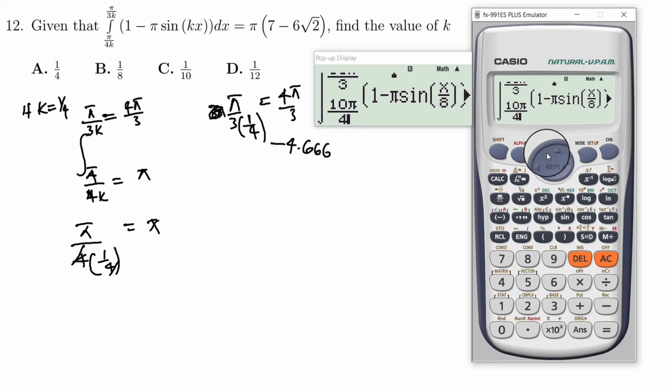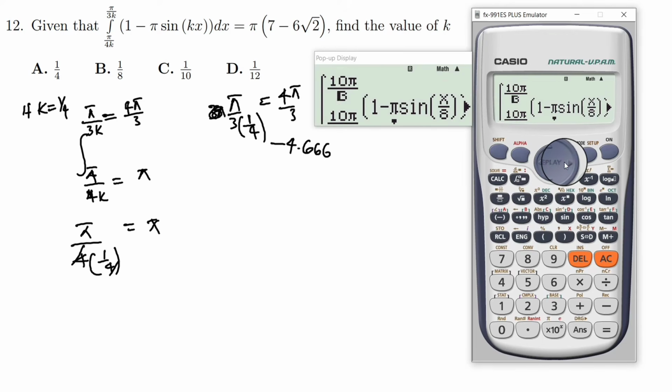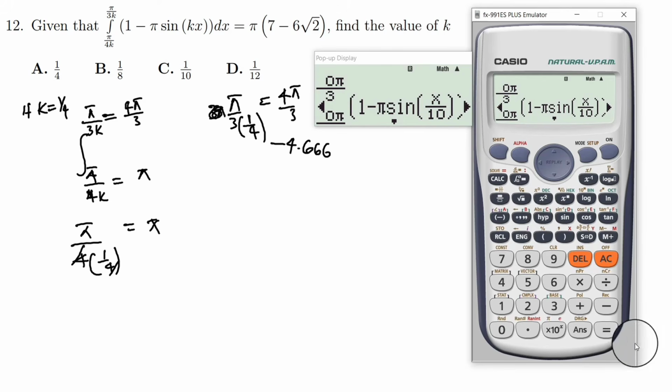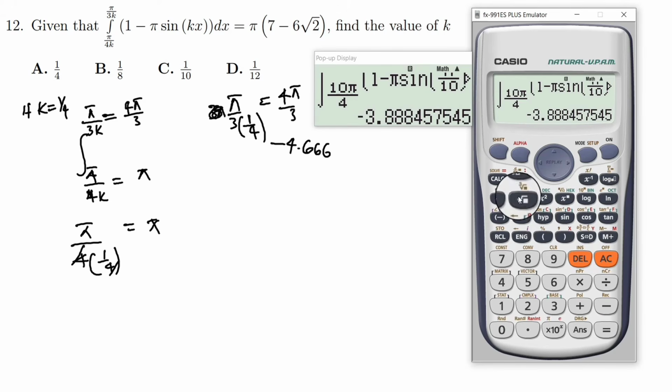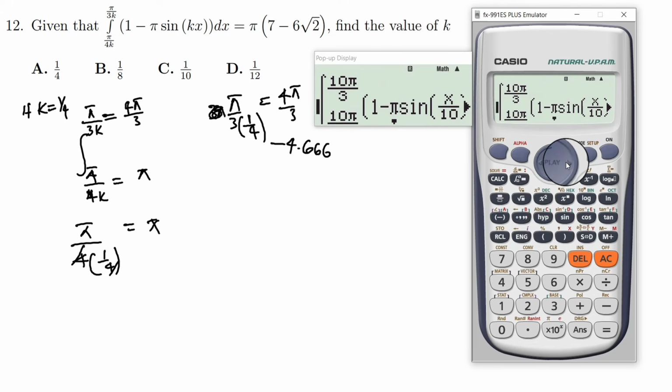That should be 5 pi, but let's just leave that like that. Then here we have this to be x over 10. Okay, so we have this to be minus 3.88. Still not the answer.